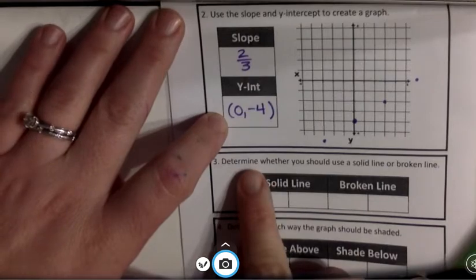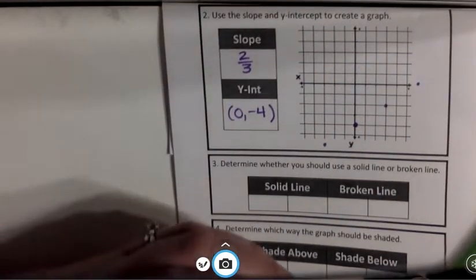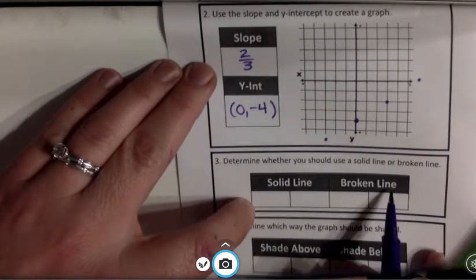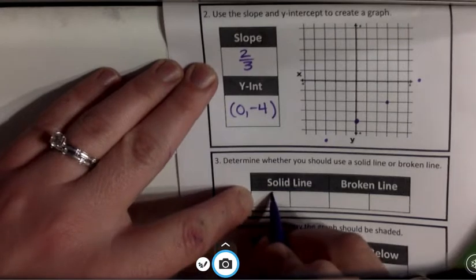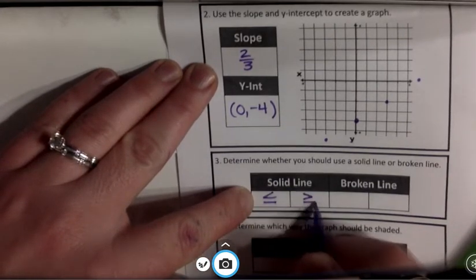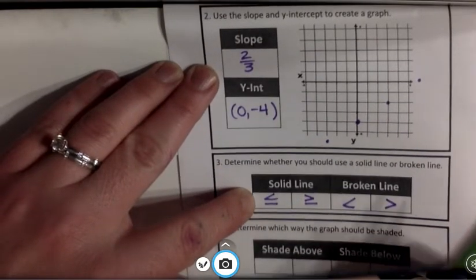Just like when we were doing our inequalities on number lines, we had an open circle or a closed circle. In this case, we have a solid line or a broken line. For a solid line, I want to see inequalities that look like this: less than or equal to, or greater than or equal to. Broken lines will end up being less than or greater than signs.